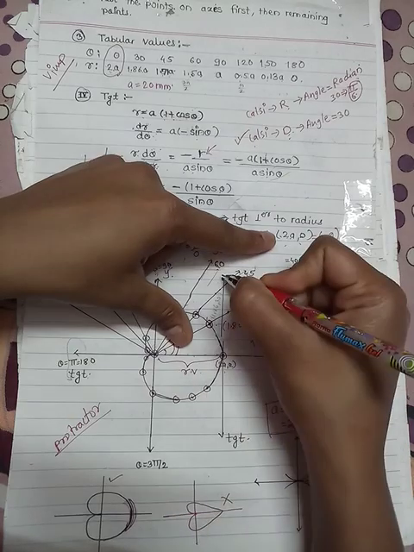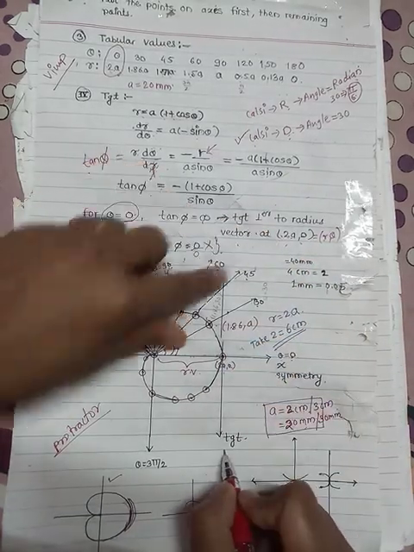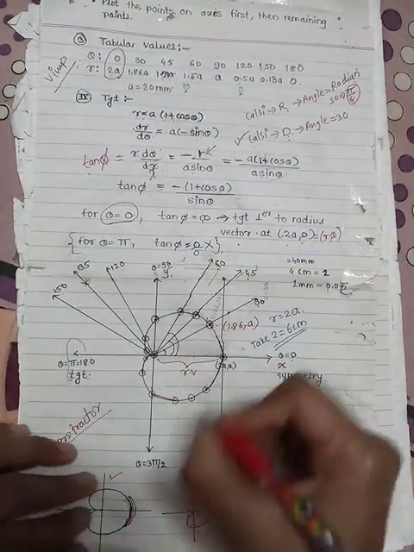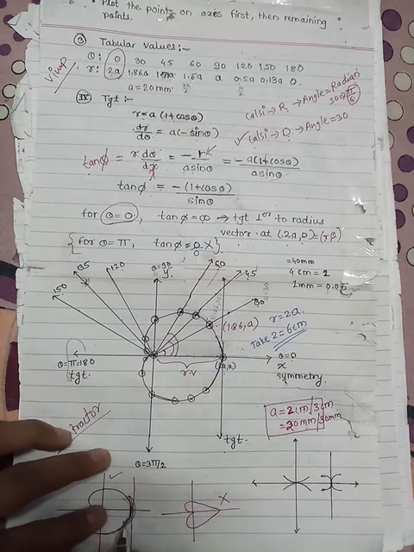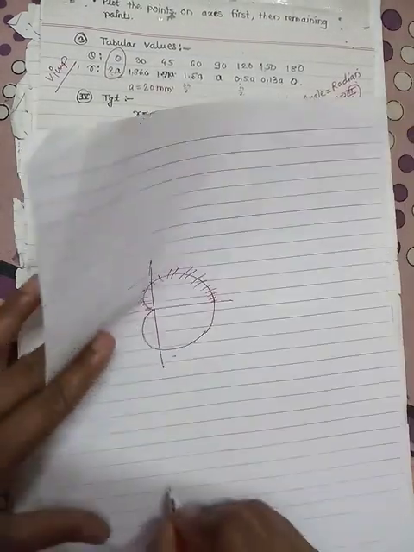So at this point draw the tangent which is perpendicular. So this is your tangent. You can see here, this is your tangent, and the curve should be drawn smoothly, because of the nature of the tangent.